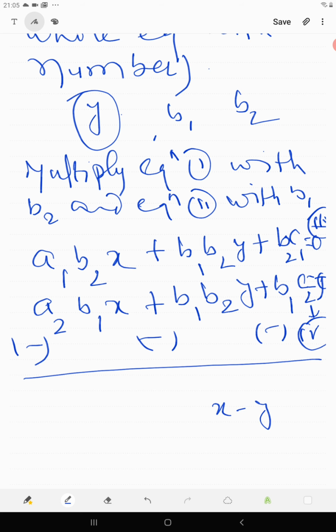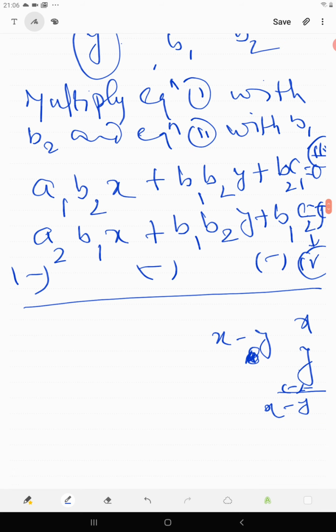Initially y is plus, but when subtracting y from x, since y is plus, it will become minus.